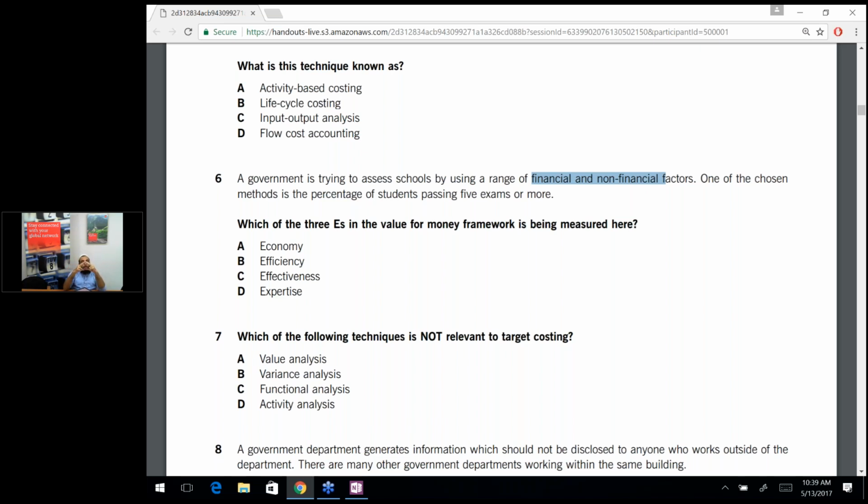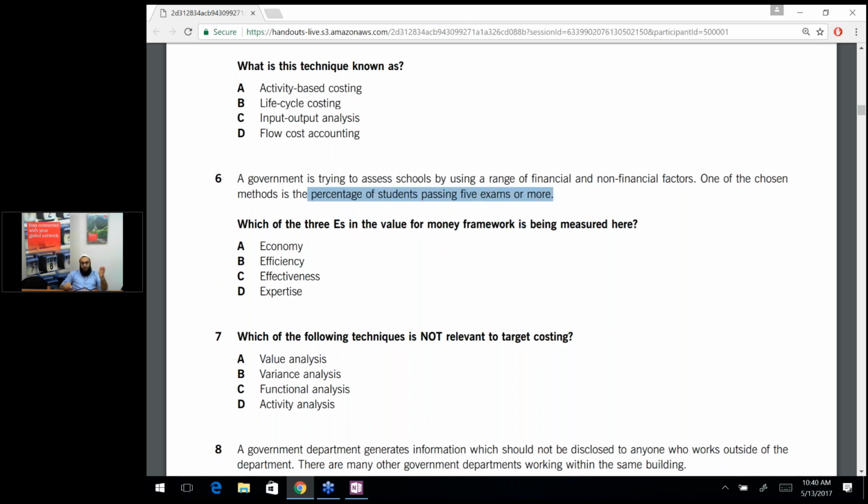Because their primary purpose is not to earn profits. But yes, they do earn profits, it's just not the main purpose. So you can do this through the 3 E's: economy, efficiency, and effectiveness. Got it? So one of the chosen methods is the percentage of students passing 5 exams or more.